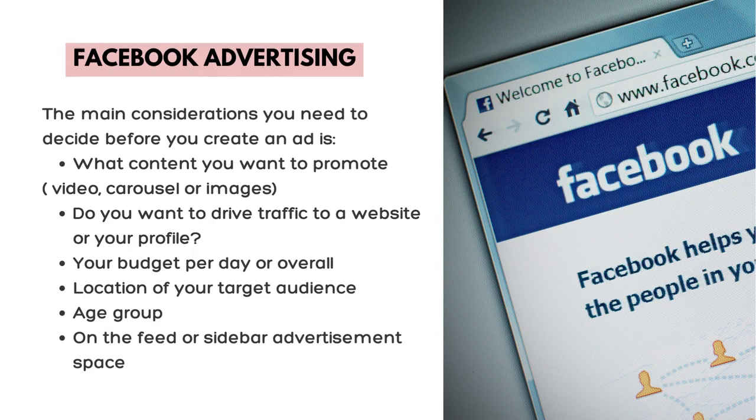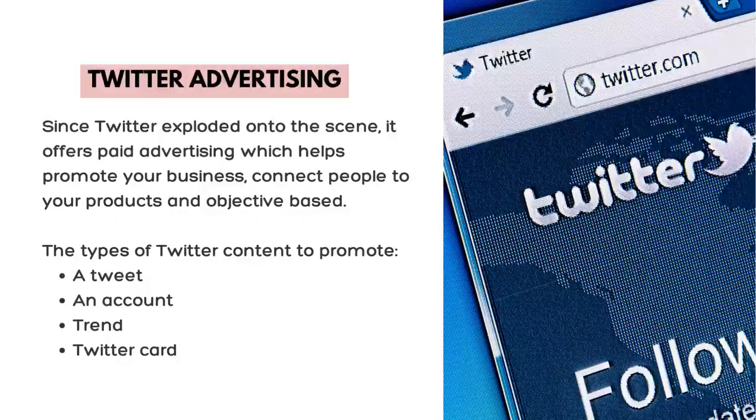London might have a specific age group, but if you went to, say, Devon, the age group might be higher, so a less targeted audience. So you need to think about that. But Facebook ads, it kind of helps you in a way. And then the last thing you need to consider is, do you want the image, video or carousel on the feed or on a sidebar advertisement space? So you need to think about where you actually want it going.